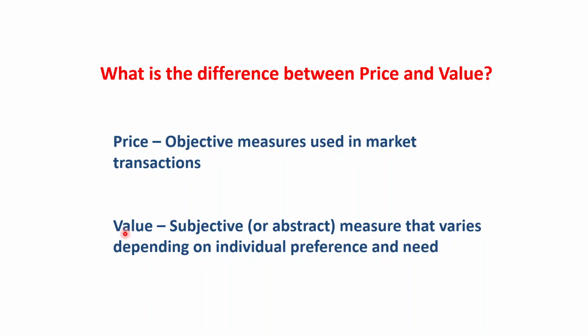So value changes depending on need. And value is also a very personal preference. You can find individuals living in the same household that do not value the same things. They might have very different opinions on the same resources.